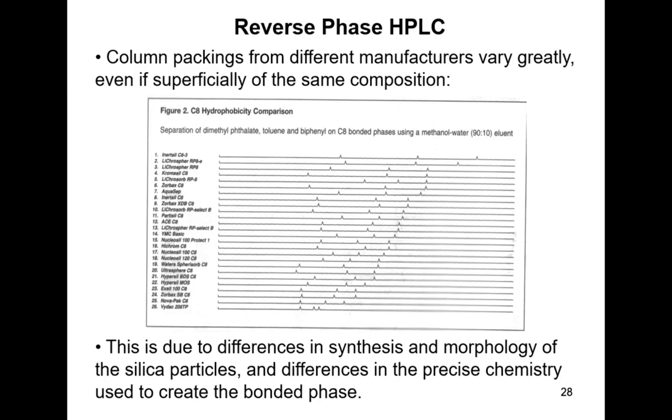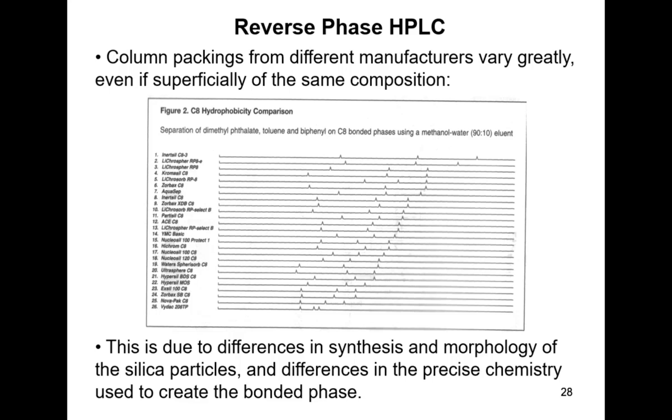But for a different mixture of compounds, it would be a different pattern. So there will be particular applications where these ones at the bottom give you better separation than some of the others. So it becomes quite a trial and error process if you are trying to develop a method to analyze something which you want to use repeatedly.